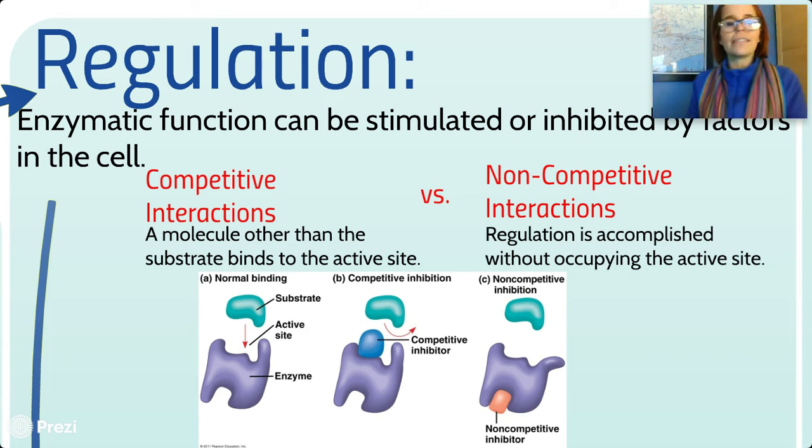Non-competitive inhibition is the same idea, but instead of the non-competitive inhibitor, this other molecule, getting in the way of the active site, it actually touches the enzyme somewhere else. Now, I want you to think back about what you know about proteins. We had an FRQ question, for example, where what if we put a protein that's normally in water, what if we moved it into oil where it's a hydrophobic solution?